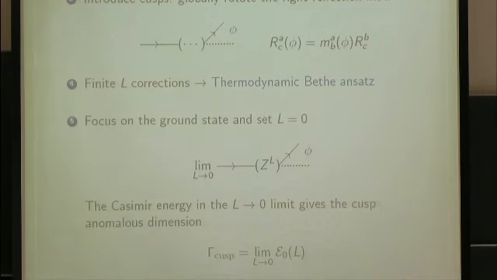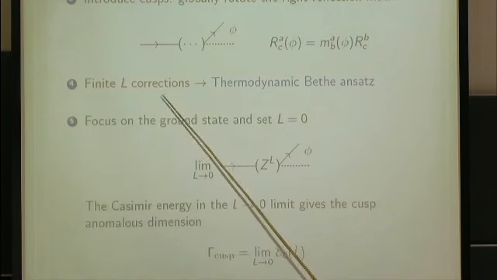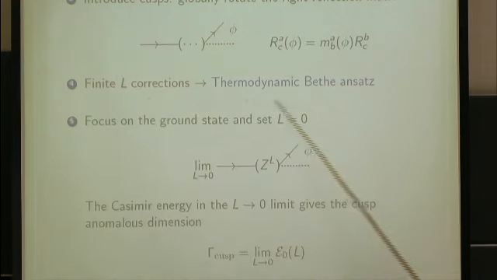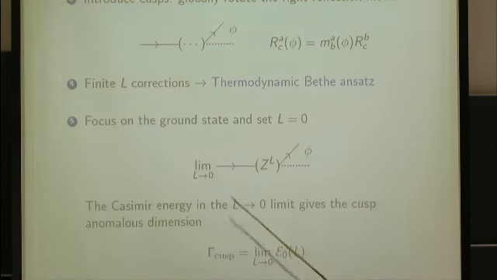But the most important thing is that I would like to describe the spectrum of such an open chain exactly as a function of L, and in order to do that I'm going to present a thermodynamic Bethe ansatz. Once we have control of finite size corrections, we can describe, for instance, the energy of the vacuum of this open chain.